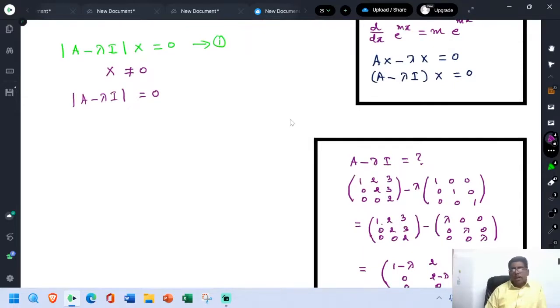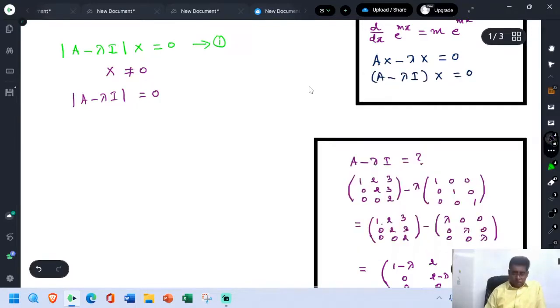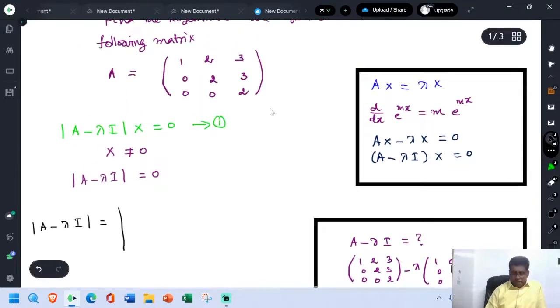Then the modulus of A minus lambda I equals, inside the determinant we write: 1 minus lambda, 2, 3; 0, 2 minus lambda, 3; 0, 0, 2 minus lambda.